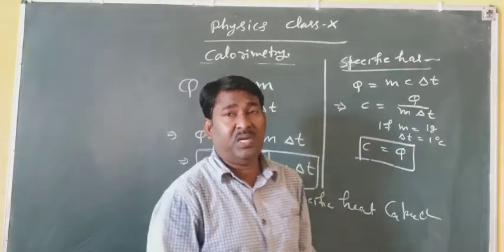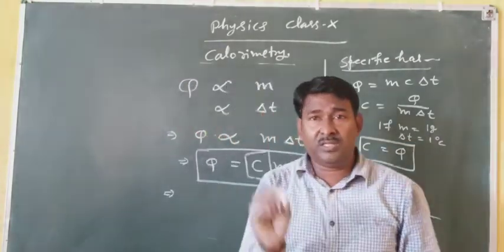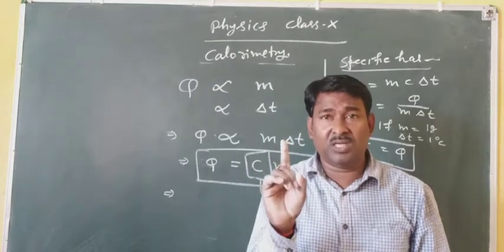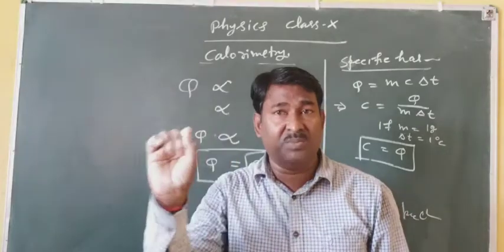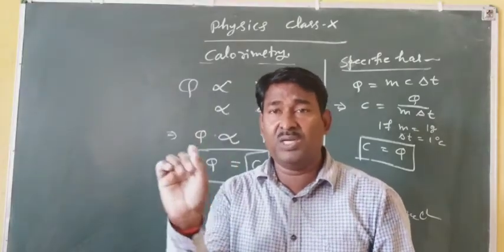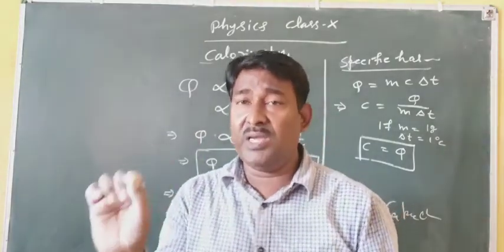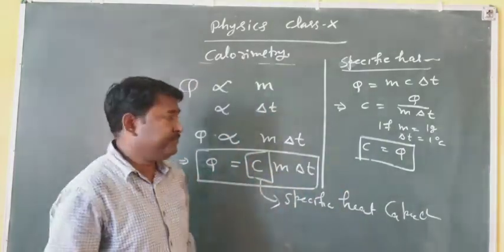It means specific heat capacity is the heat required to increase the temperature of 1 gram of the substance, or unit mass of the substance, by 1 degree centigrade or by 1 Kelvin.